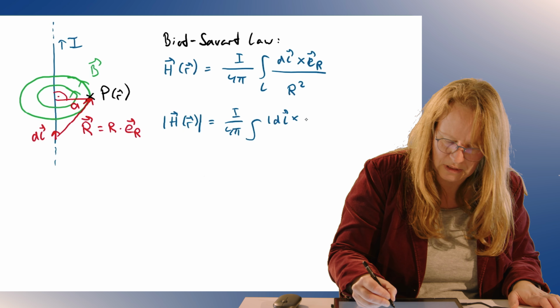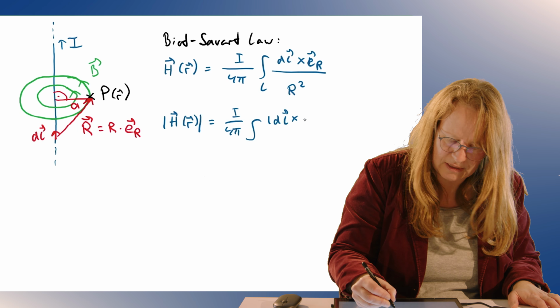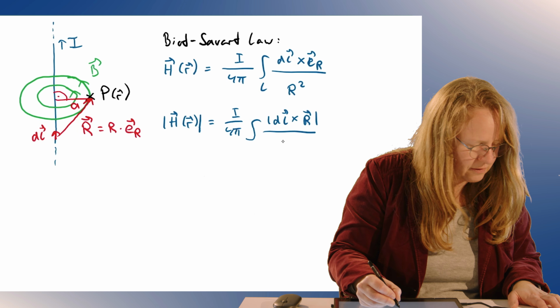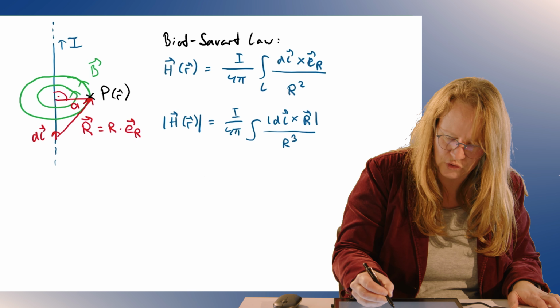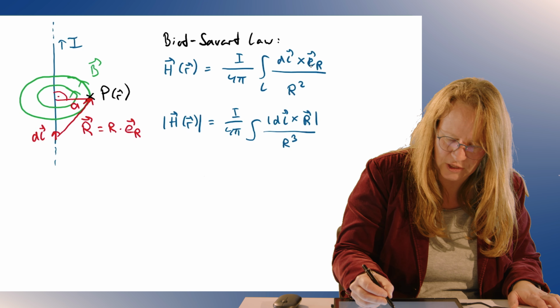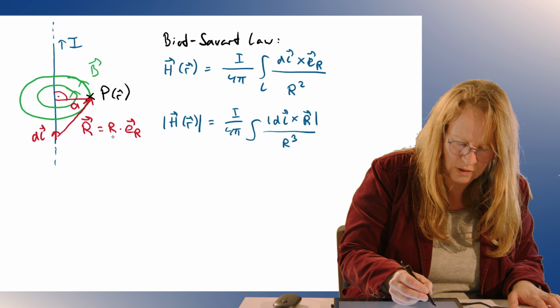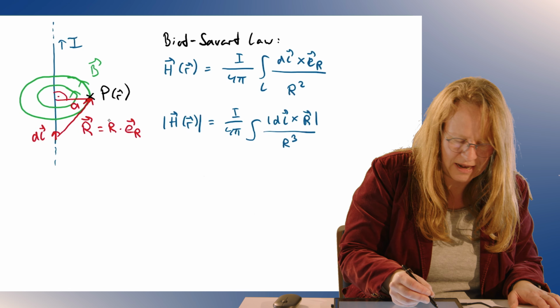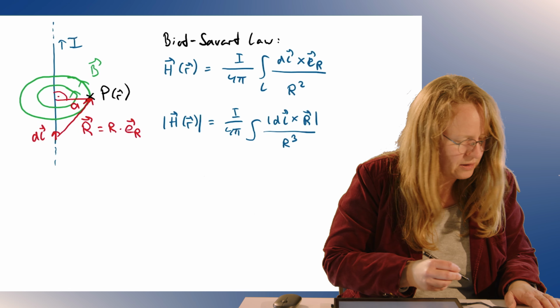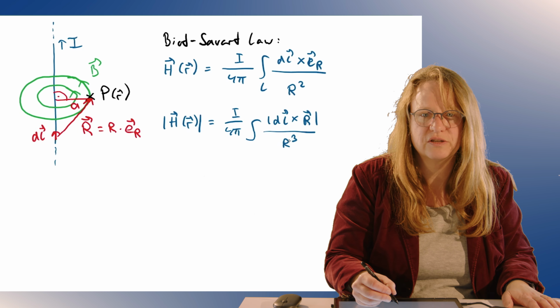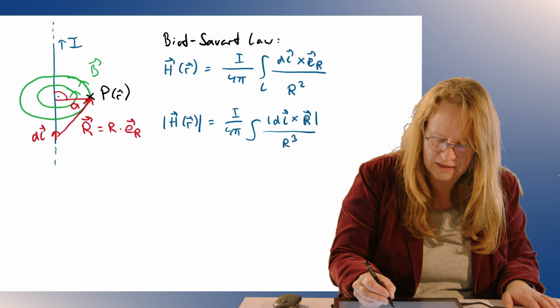And I'm going here to write it as vector R over R to the third. So I have put in that the vector ER, the unit vector, is given by the total vector R divided by the length of the total vector R. And so R, since it's a length, it's a positive value.